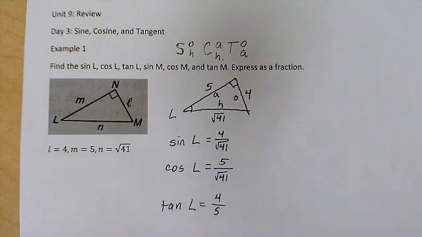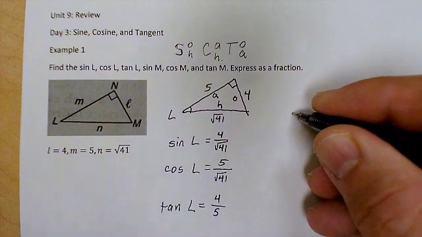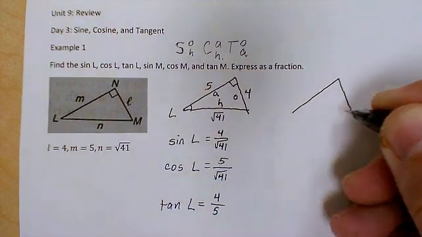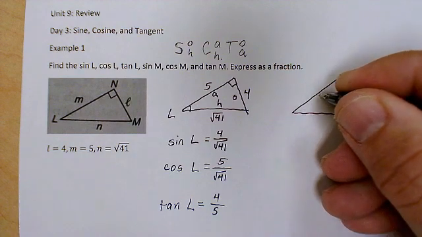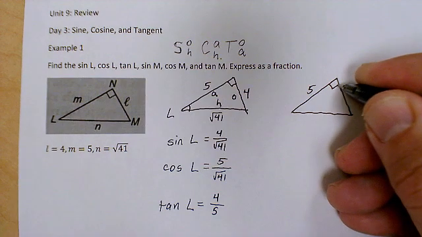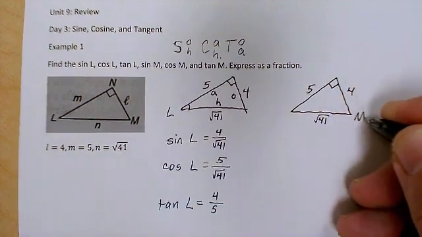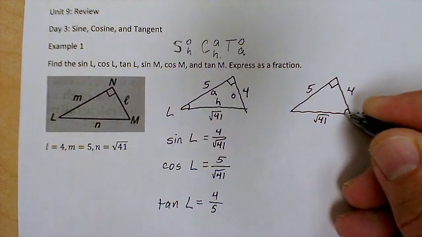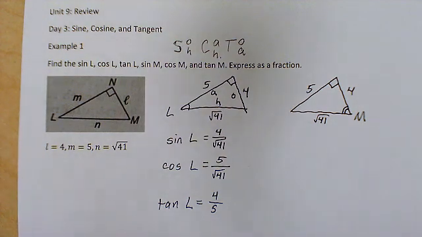Now I'm going to do this process again, but for point M. So what I'm going to do is I'm going to draw the triangle again. And I'm actually going to be filling in the values, 5, 4, this is my right angle up here, root of 41, and I'm going to be labeling this acute angle M. So now I'm going to be working off of that angle for the triangle.